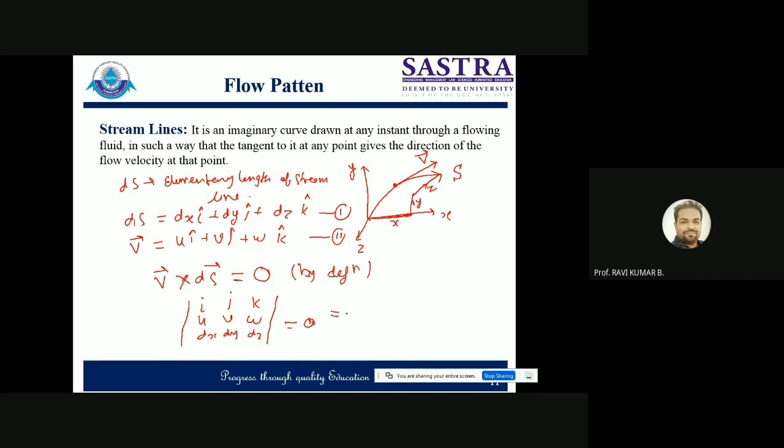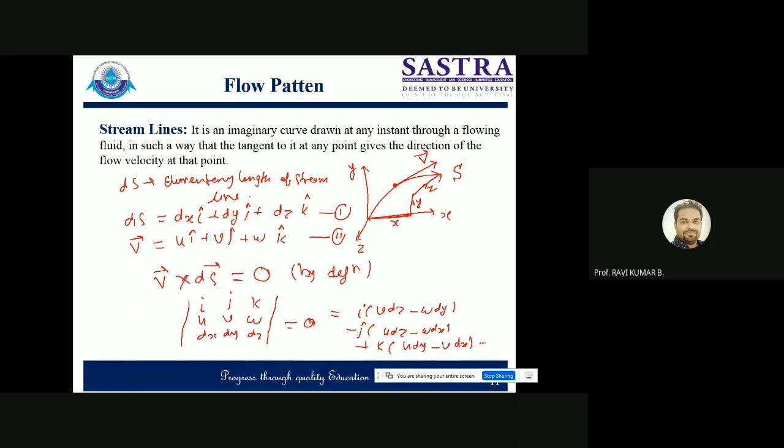That's all. So expand it, you will get one single equation. If you are expanding it, you will get a very simple equation: i times (v dz minus w dy), this is one term, then negative j times (u dz minus w dx), this is another term, plus k times (u dy minus v dx).